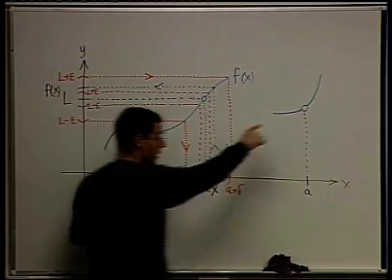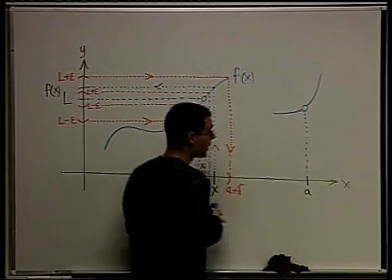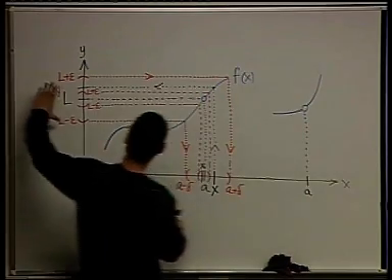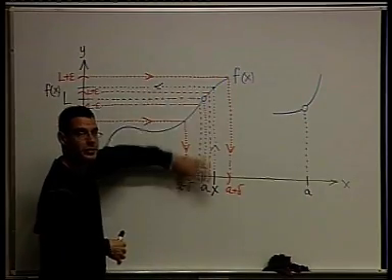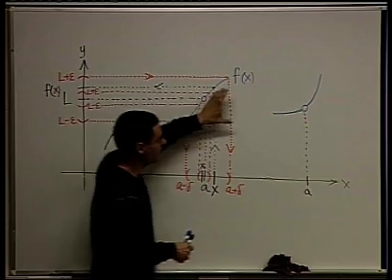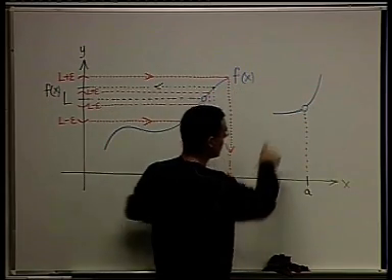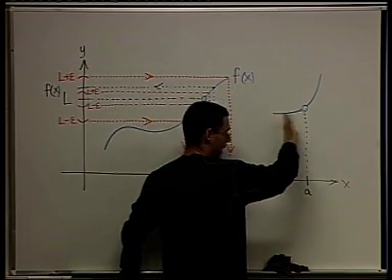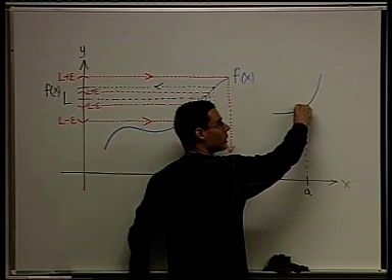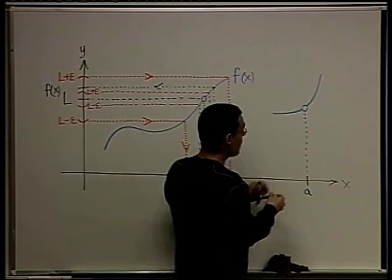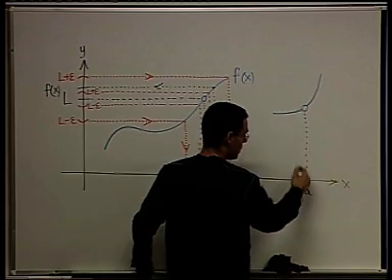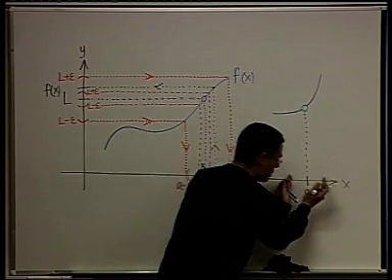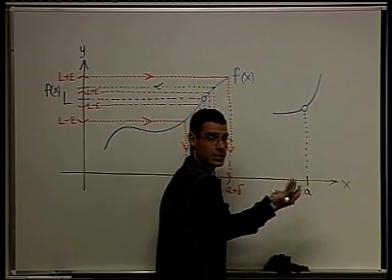The limit is still this value here, but if you try to do this pictorial kind of dynamics that I represented, you'll see that from the left side, in order to guarantee being close to this value, the neighborhood you need here of A is not symmetric.